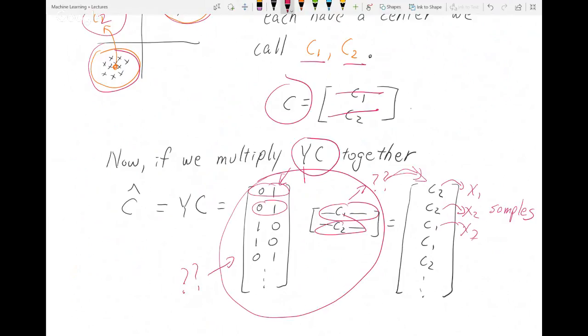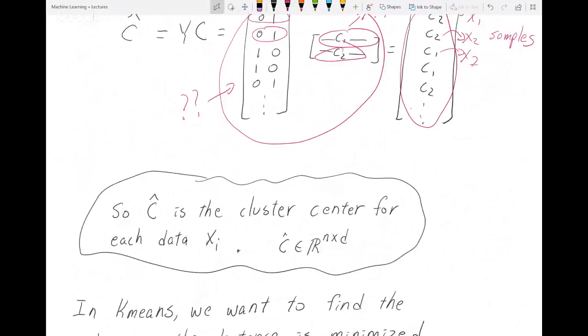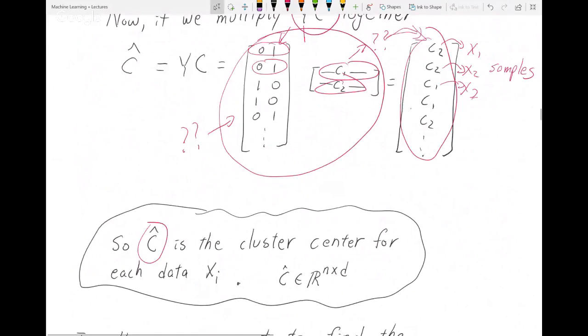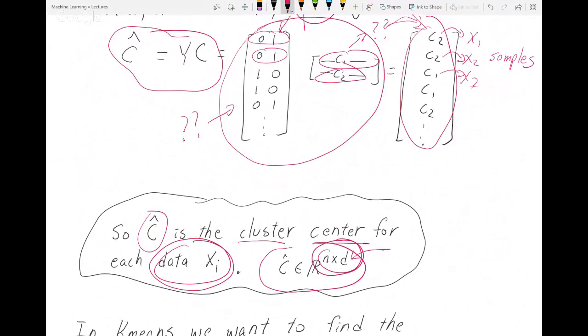So this matrix tells you the center of every single sample that you have. I'm going to call this multiplication C hat. So C hat is the cluster center for each data point, and the dimension is n by d, where d is the dimension of the data and n is the number of samples.